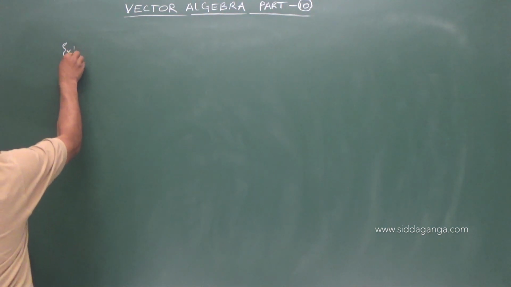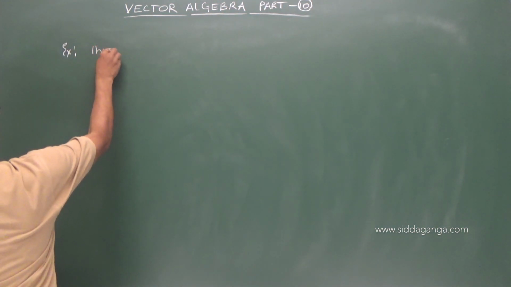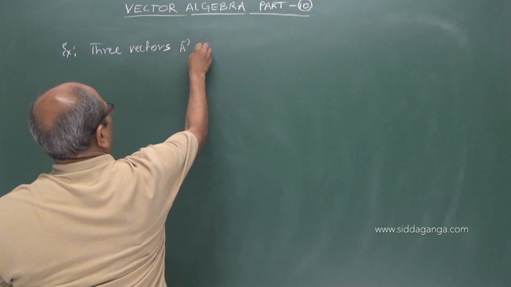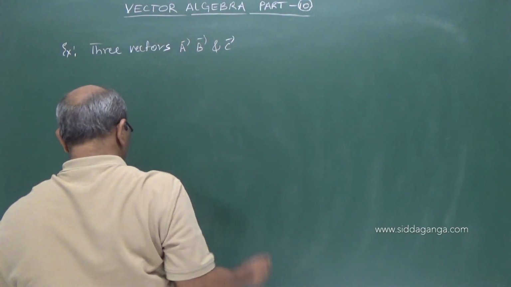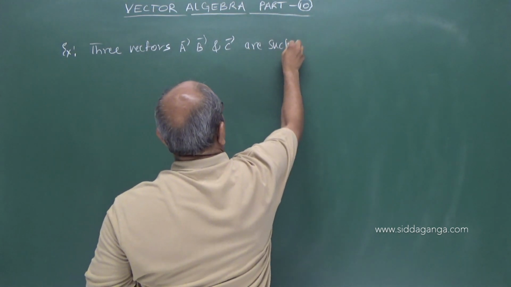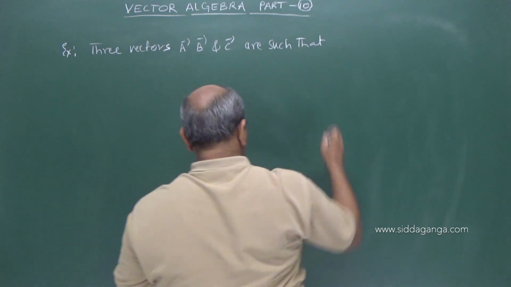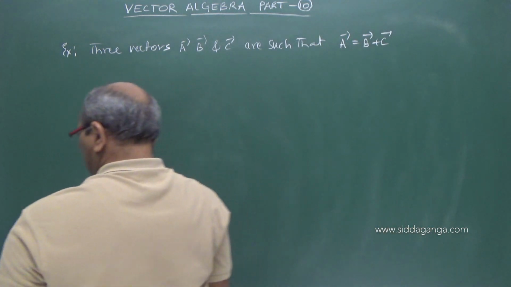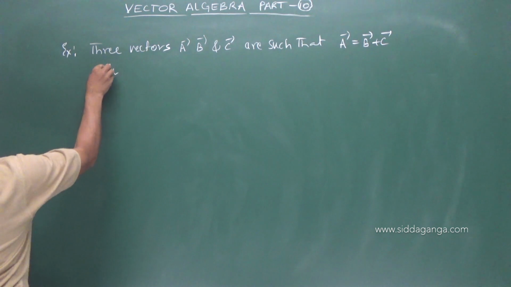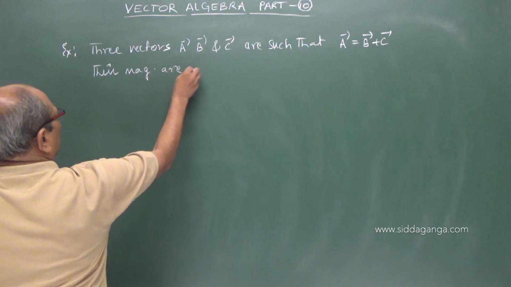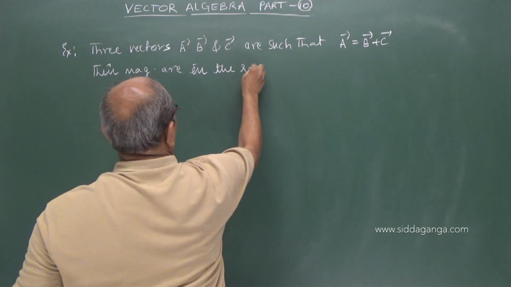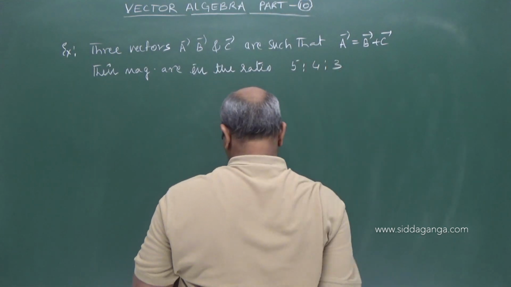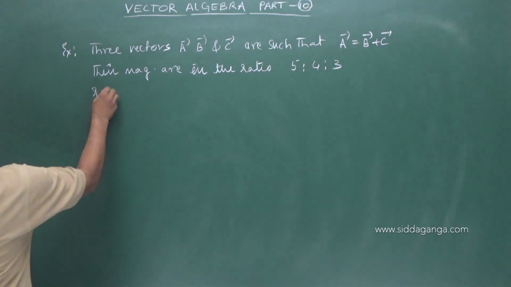See the next exercise. Three vectors A, B and C are such that A equals B plus C. Their magnitudes are in the ratio 5 is to 4 is to 3 respectively.